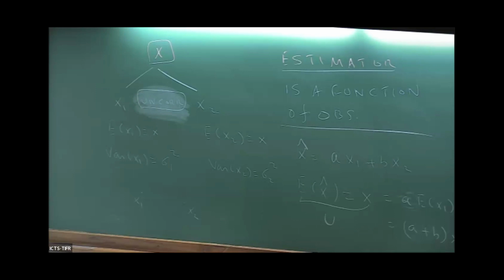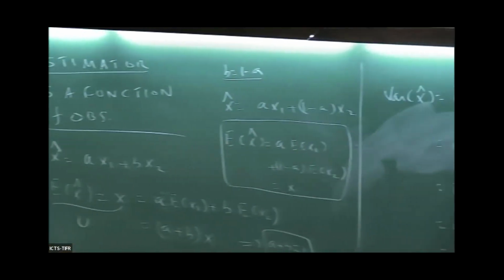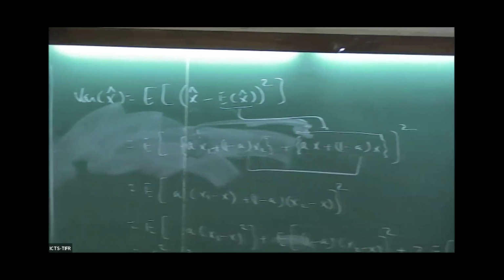I want to bring this discussion because of the difference between uncorrelated and correlated: where uncorrelated comes in, where independent comes in, which is stronger, which is weaker. Uncorrelation is the weakest of the two assumptions. Are you with me? Uncorrelated means this product is 0. So what is the real value of this term? a times 1 minus a times E of x1 minus x times x2 minus x.